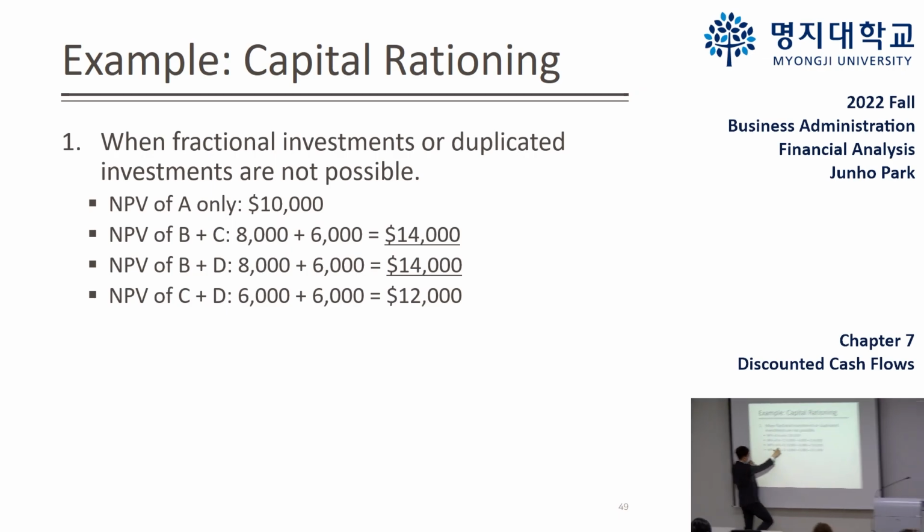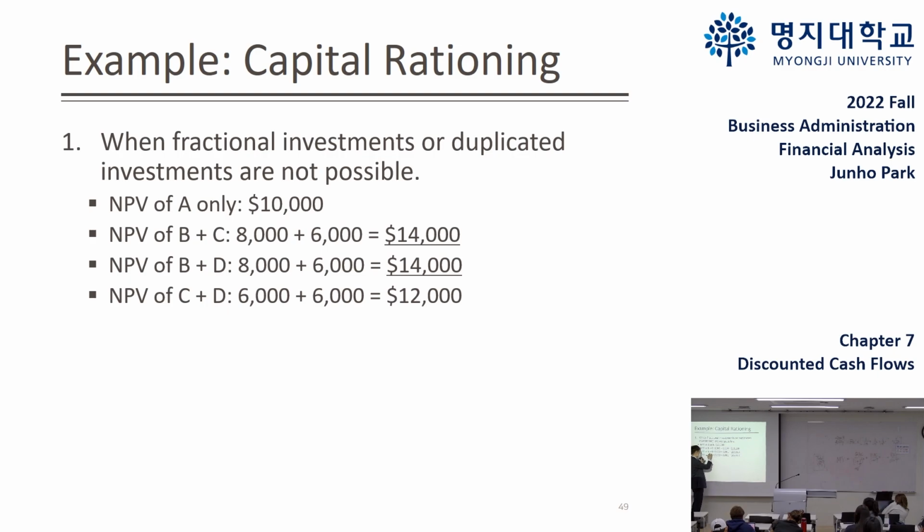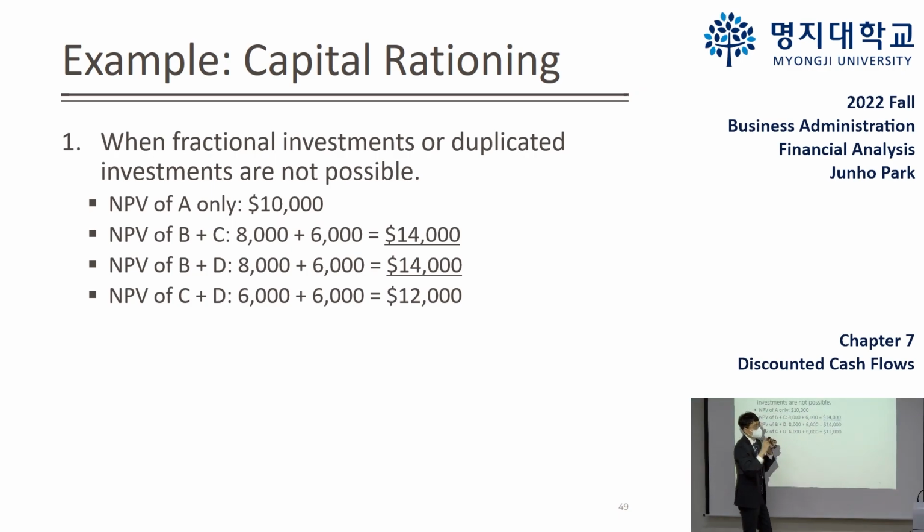In the third choice, I can also choose B and D together. Because D has a net present value of $6,000, I can also have $14,000. However, they are the same in amount, but the initial costs are different. So we have to choose one of them based on our criteria.